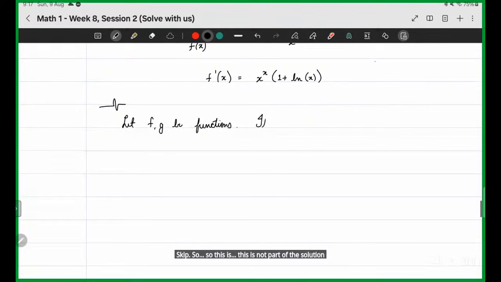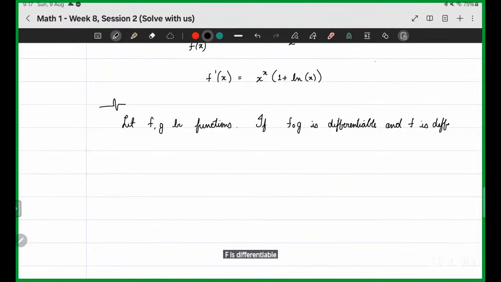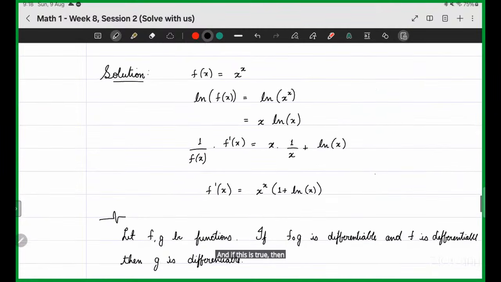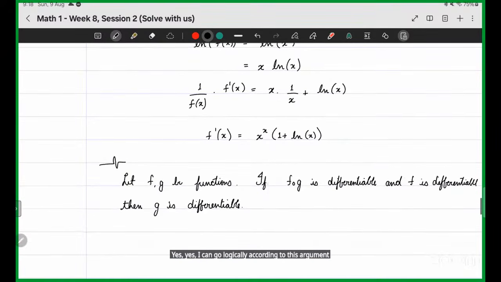But if f of g is differentiable, and f is differentiable, then g is differentiable. This only. So you're claiming that this is true, and if this is true, then I can go. This argument is complete. I can go logically according to this argument. If I prove it, but is this statement true?